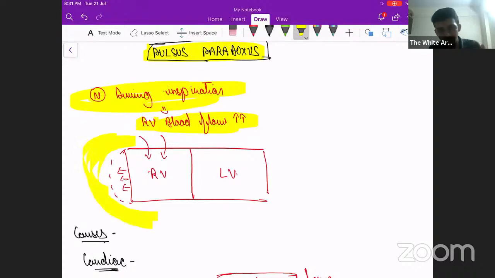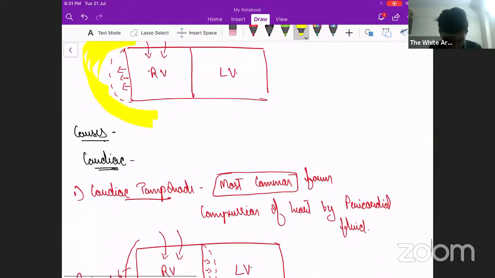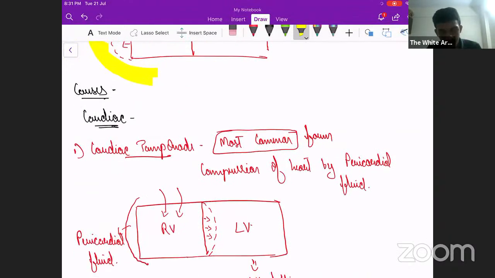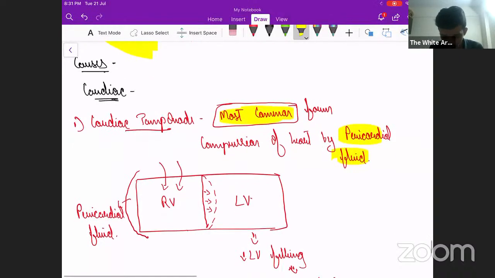Okay. So now what are the causes of pulsus paradoxus? We'll see. One of the cardiac causes, most common being cardiac tamponade. In cardiac tamponade, what happens? There is compression of the heart by the pericardial fluid. So during inspiration, when the right ventricular filling is more, the right side free wall cannot expand because pericardial fluid is there.